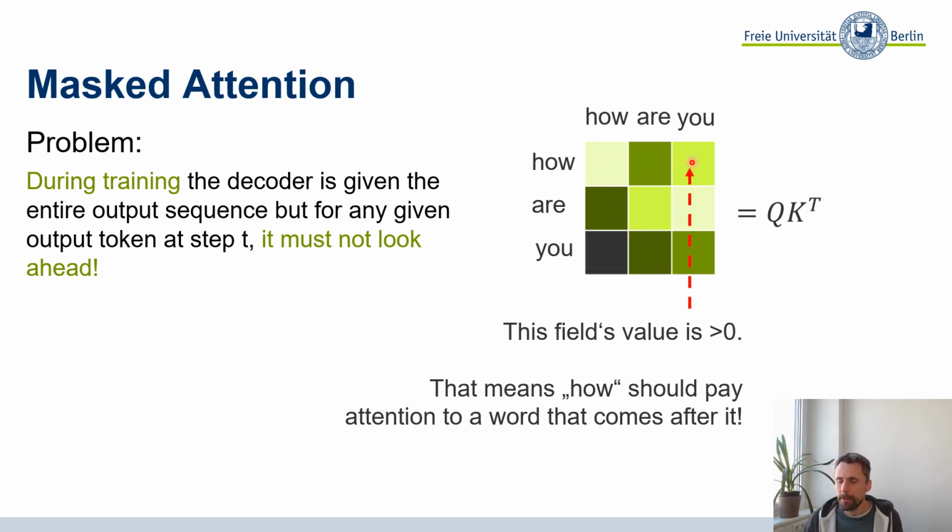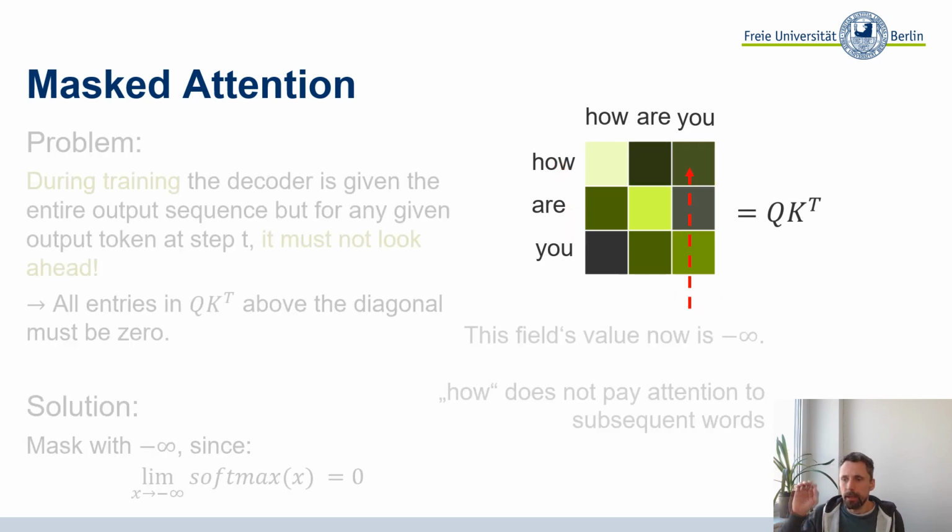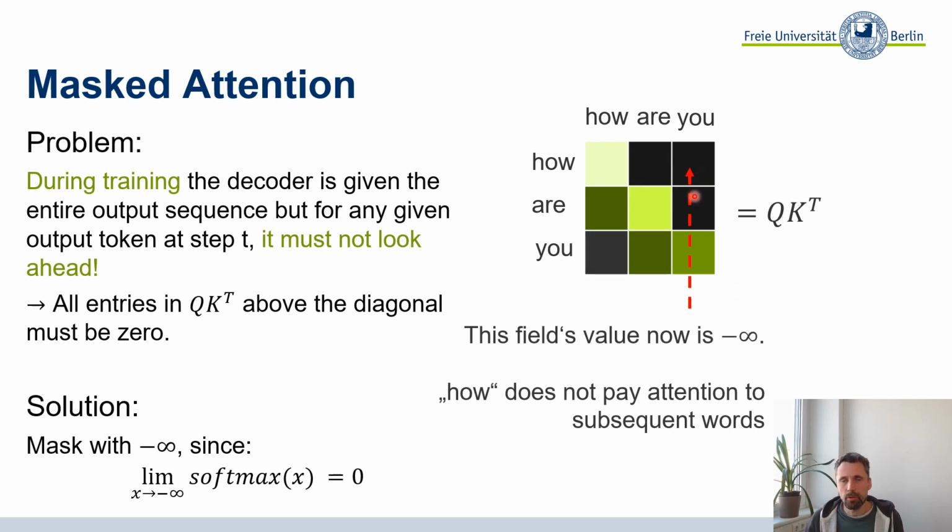And now we'll see that those values here, let's say this top right value is larger than 0. This means that then multiplying this to the V matrix will also use future words to come up with a representation for "how". And that is something that we don't want. We want to set these values, so above the diagonal, to -infinity, so that then applying softmax will give us 0 probability for these attention values.